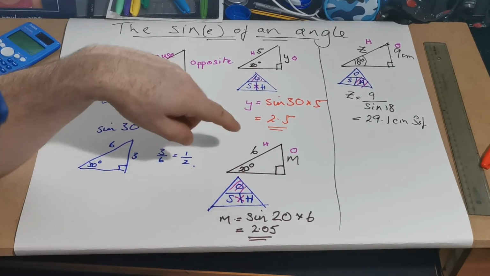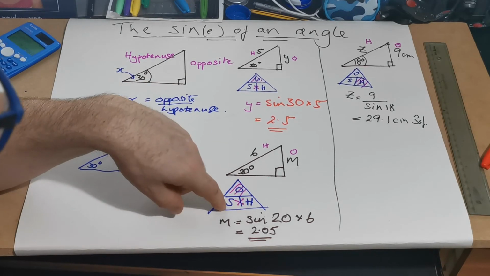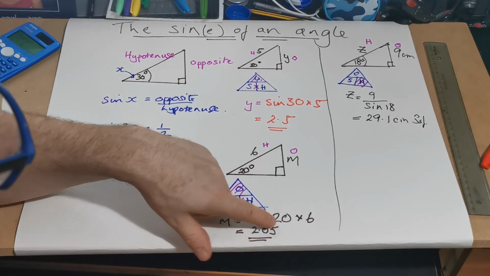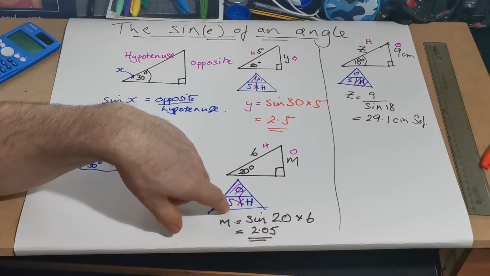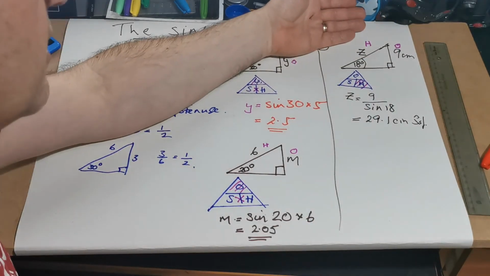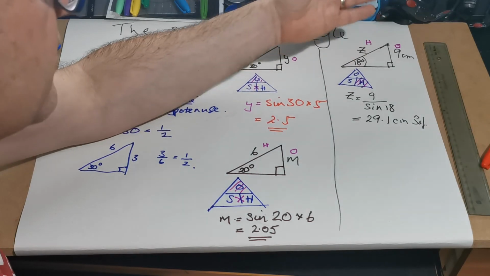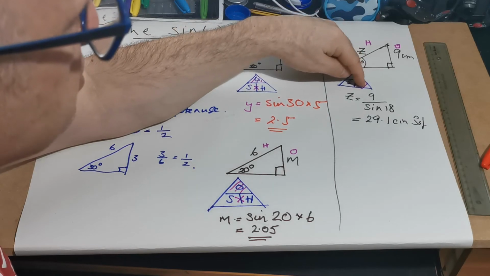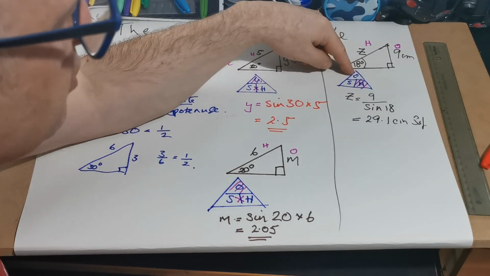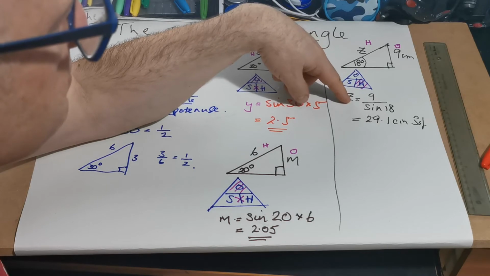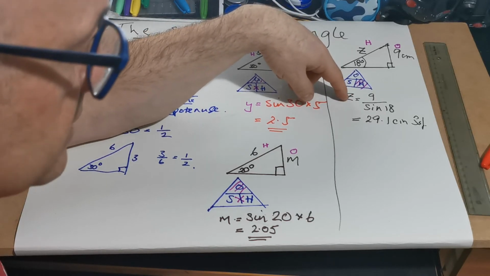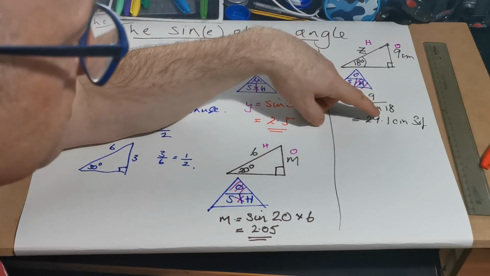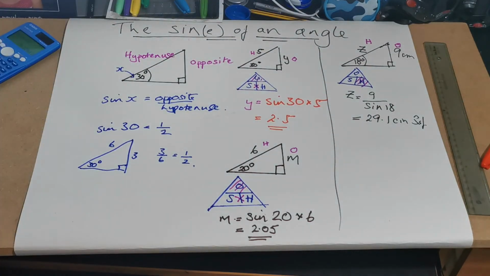That's at the top. So these are on the same level. So I would times, so sine 20 times the 6 would give me 2.05. But on this one, I mixed it up a bit and said, right, okay, let's find the hypotenuse. So in my algebra triangle, I covered over the hypotenuse, so it's opposite divided by the sine. So Z is 9 divided by sine 18, which gives me that 3 significant figures. Remember, if you're not asked for a degree of accuracy, 3 significant figures is always the way to go.